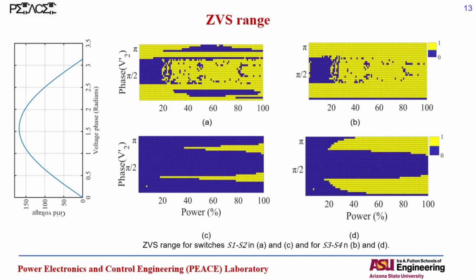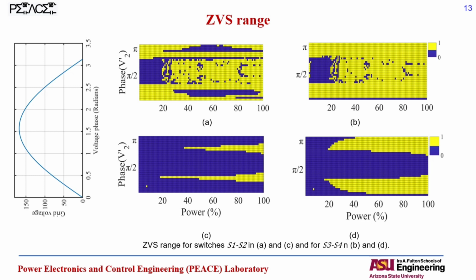If we take the ZVS limitations into consideration, we see that the region where ZVS is activated is larger with this assumption. You can see here in figures A and B, the ZVS limitation is taken into consideration, and in figures C and D, the ZVS limitations are not taken into consideration.